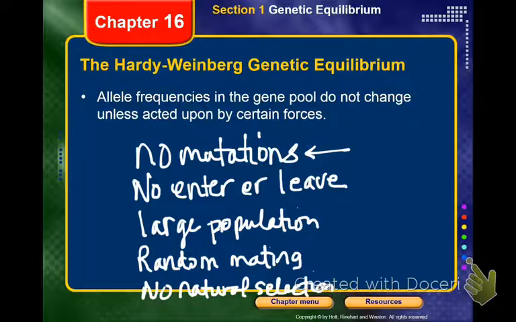Okay, so we're not going to have any more mutations. No one can enter or leave. All right, well, that means that nobody can move around. You have to stay put where you're born. You cannot change countries or states. You must stay in your area, and no moving around of populations.